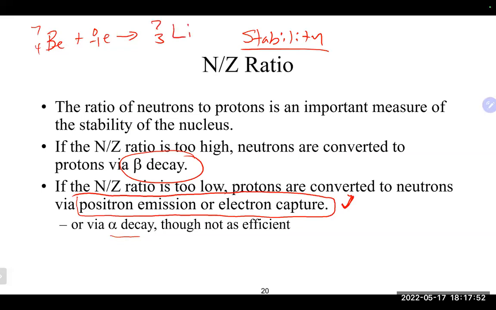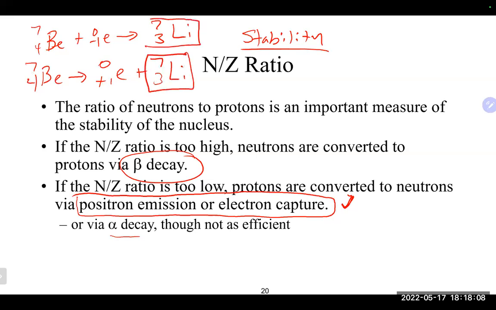Now, if we did a positron emission, starting with the same one we looked at last time, it would look something like this, where we would end up with a 7, 3, lithium. So either a positron emission or an electron capture will yield basically the same result. That's why you have a choice. You could go through either one. They both end up with the same product at the end. Any questions on that?